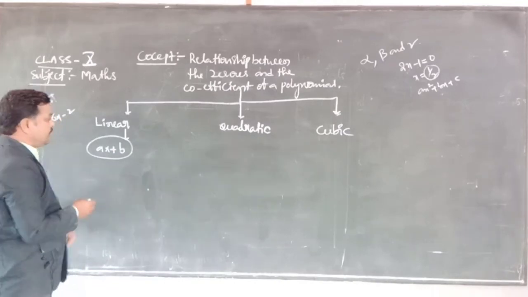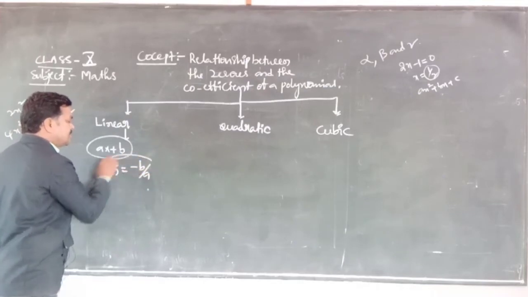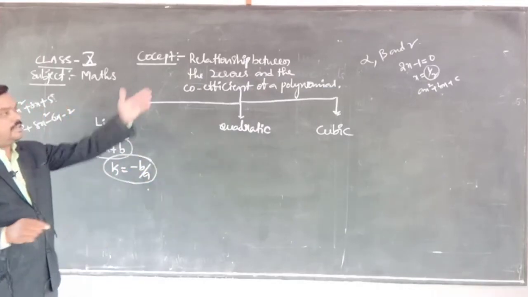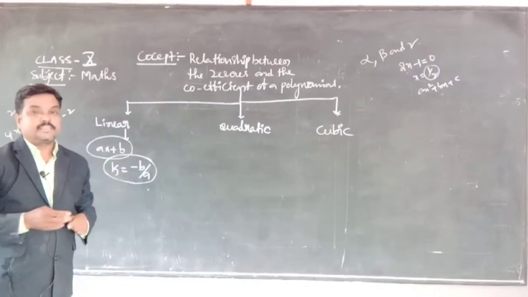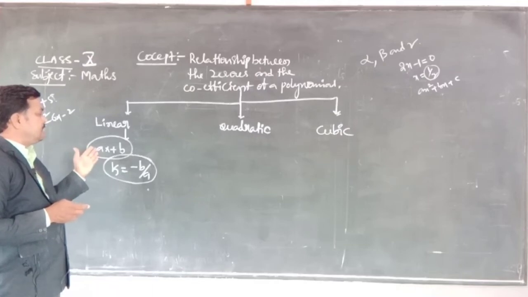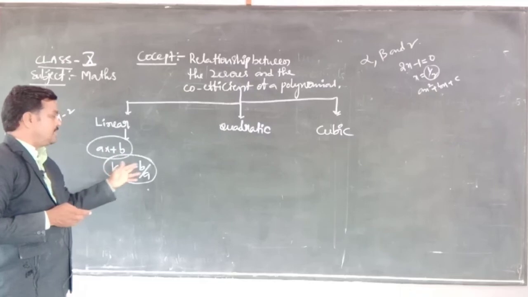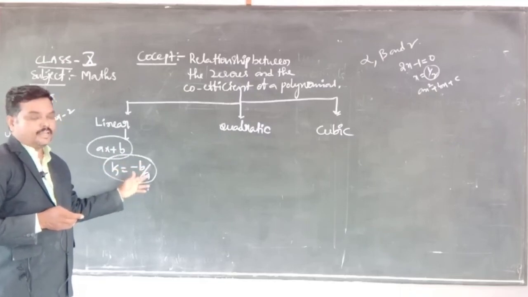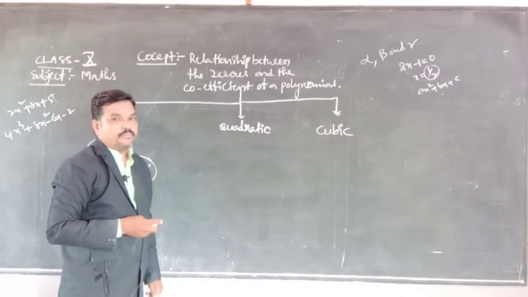Then the zero of the polynomial, x is equal to minus b by a. I explained that 2x minus 1 is a linear polynomial, then x is equal to 1 by 2. So the linear polynomial is in the form of ax plus b, then the zero of the polynomial is minus b by a.